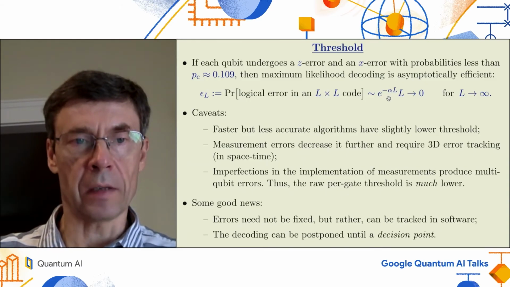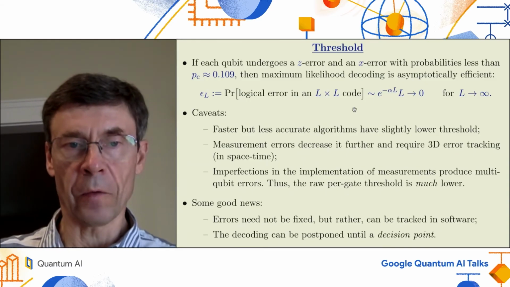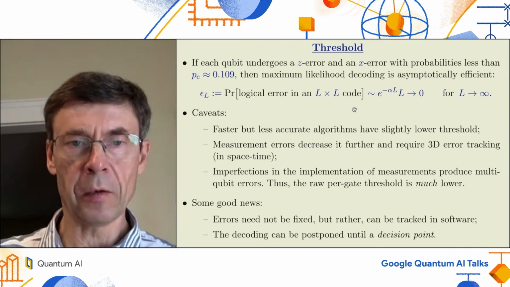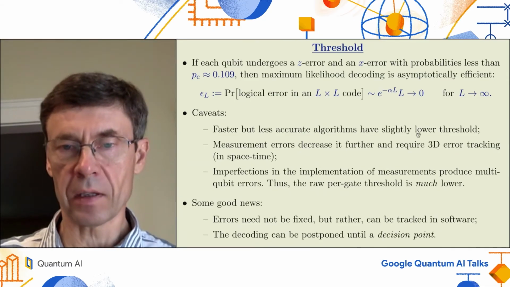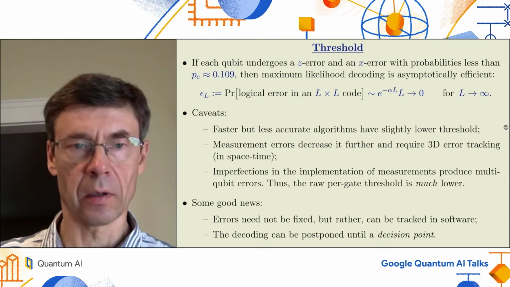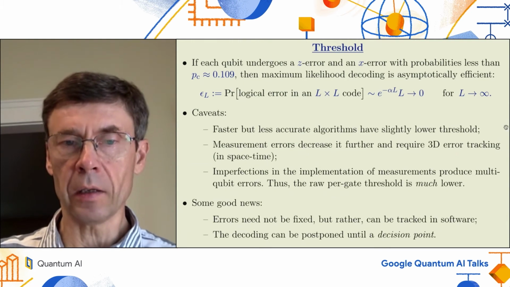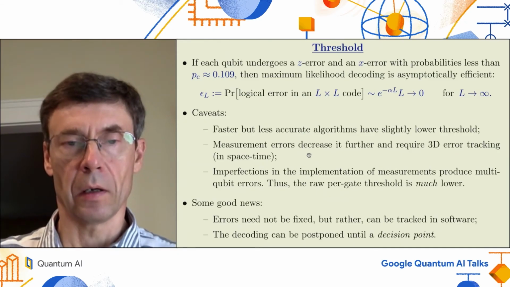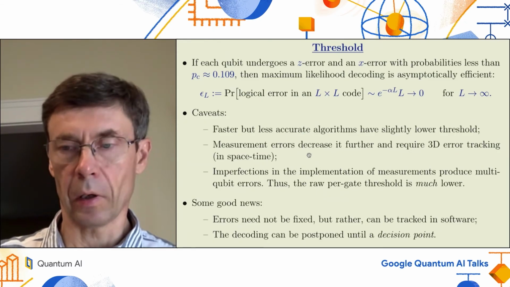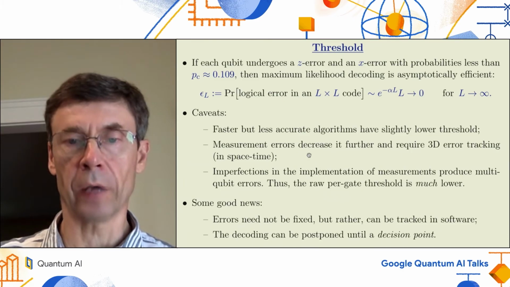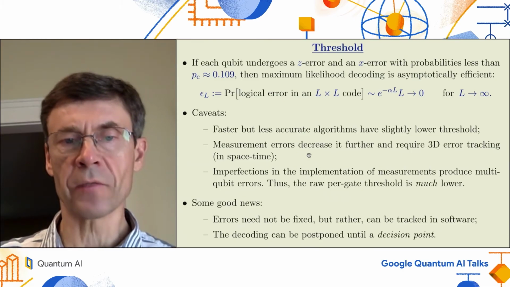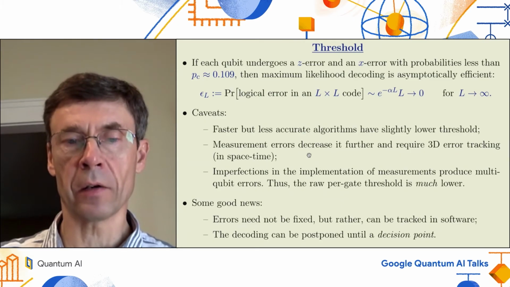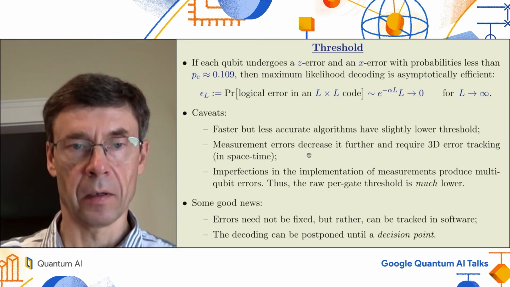Now, there are two caveats. Faster but less accurate algorithms, like the minimum weight matching, have a slightly lower threshold. In reality, there are also measurement errors, meaning that the syndrome may be recorded incorrectly. Those errors further decrease the threshold, and they require 3D error tracking in space-time.